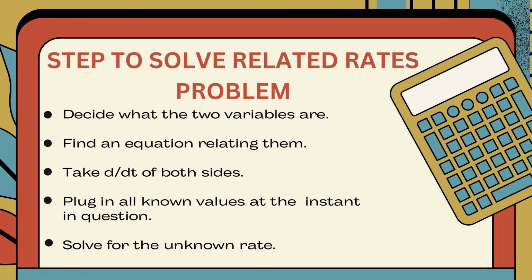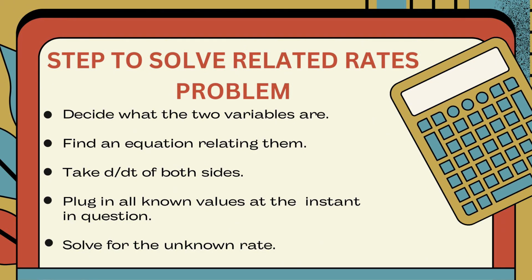Let's explore this presentation slide on the steps to solve related rate problems. This slide breaks down the process of solving related rate problems into 5 key steps. Step 1. Decide what the two variables are.